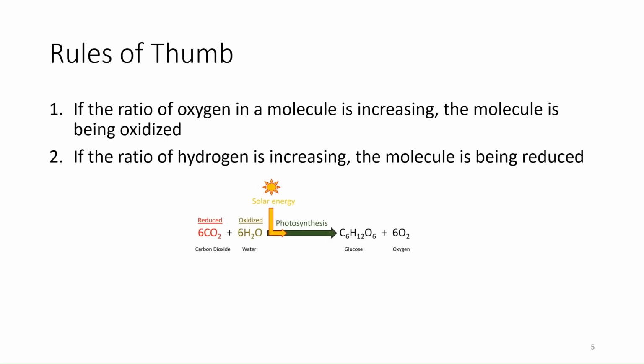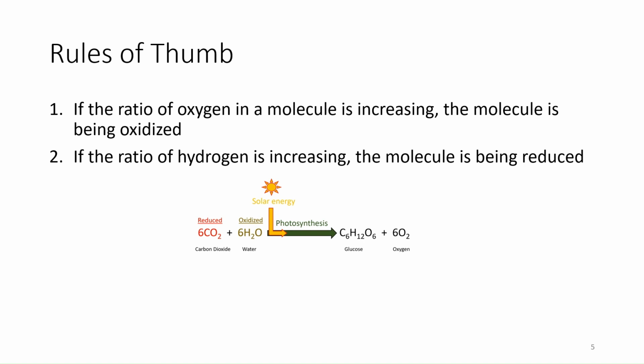Let's look at one of the examples we've shown before, and that is photosynthesis. The starting materials are CO2 and H2O, or carbon dioxide and water. If we look at what the carbon turns into, it turns into glucose, or C6H12O6. In carbon dioxide, we have one carbon for every two oxygens, CO2.